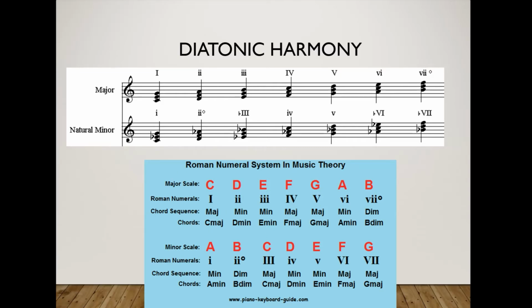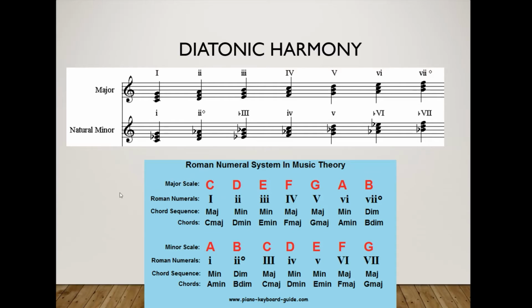So if I'm starting on the 6th scale degree of C major, that would be an A minor chord. You can see it's a lowercase 6 there, A minor, and that's what that would look like. All of this still corresponds to natural minor as well.